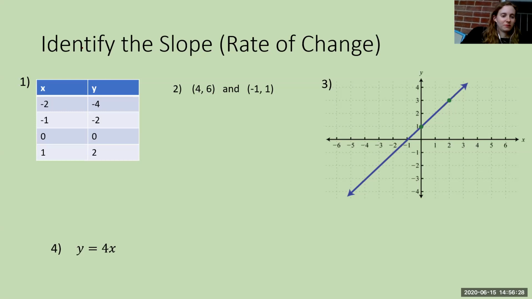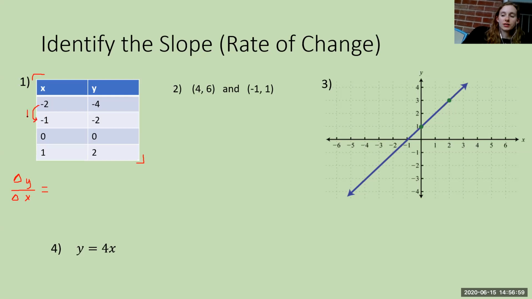All right, so number 1, we've got this table of values here, and we want to calculate the slope. So again, I know that slope is change in y compared to change in x. So I'm going to start calculating my changes in y to changes in x. When I go from -2 to -1, that's a change in my x values of 1.